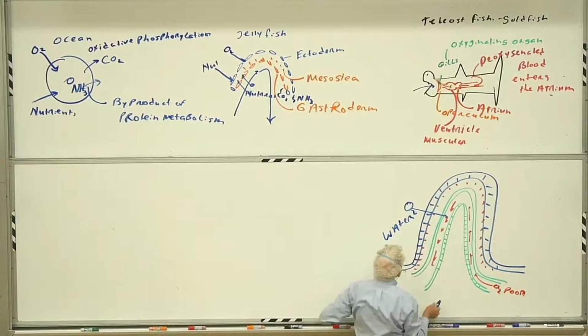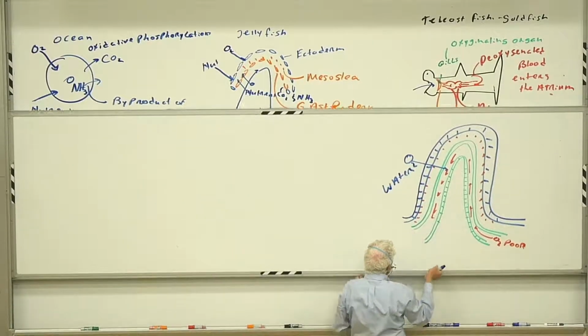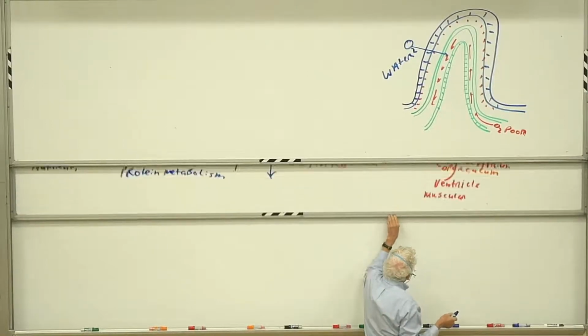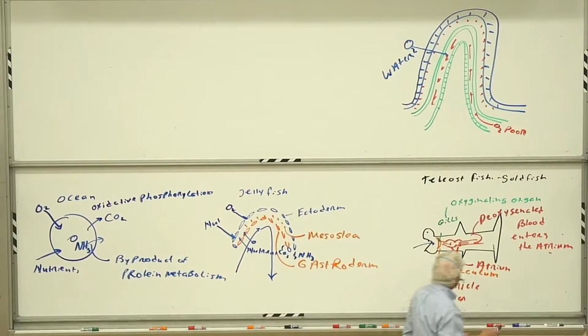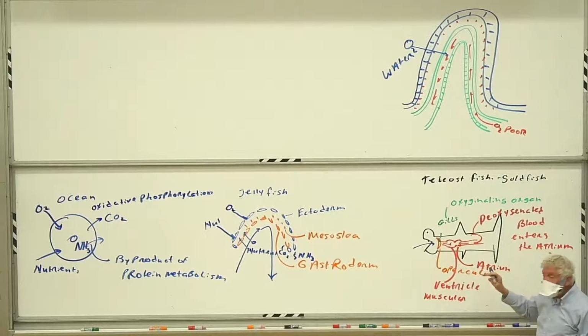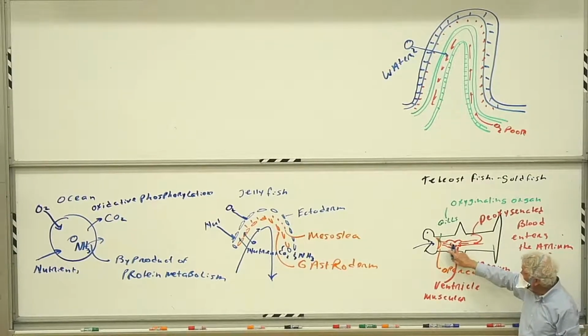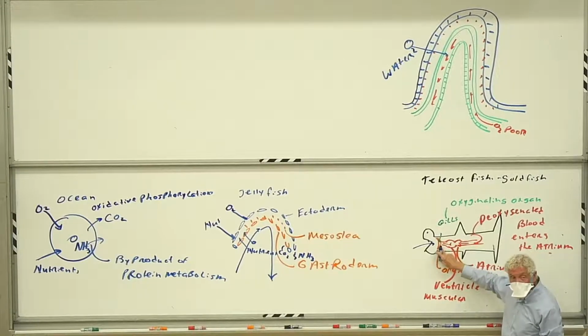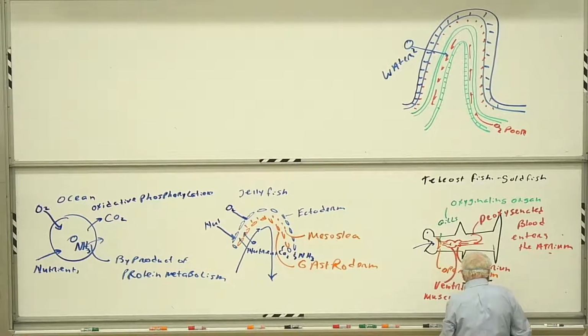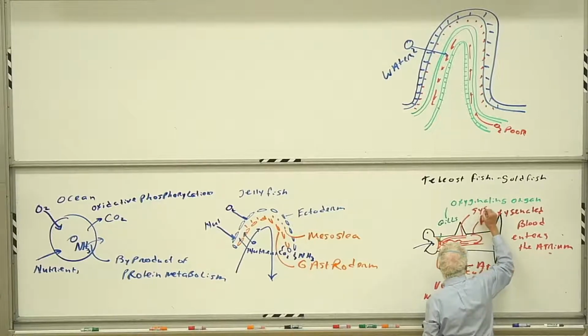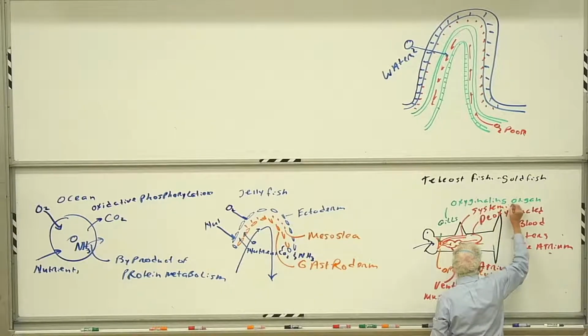So if we go back to the upper panel, what we're showing is that this muscular ventricle is pumping the blood to the gills. But that blood in the gills then flows through the gills as we showed above, but that blood then goes out to the systemic vasculature.